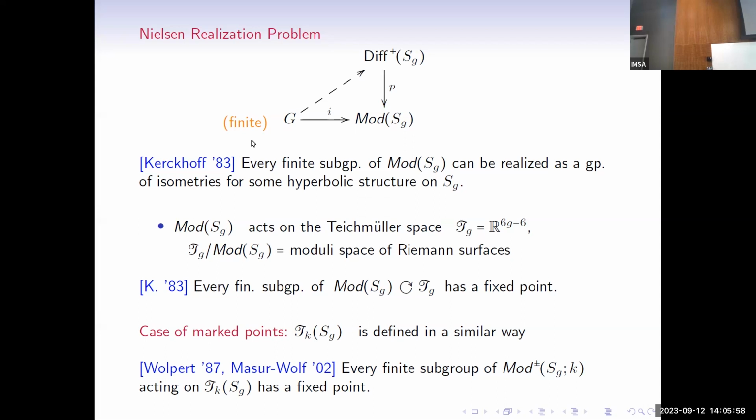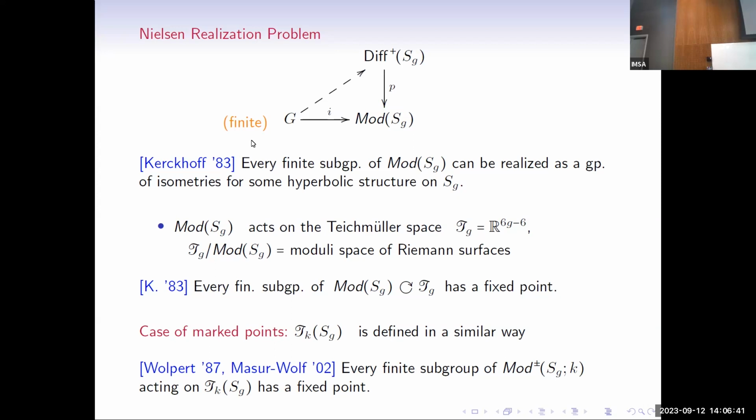In the same work, Kerckhoff showed that Nielsen realization was equivalent to showing that every finite subgroup of the mapping class group acting on Teichmüller space, with the action by pullbacks of the structure, has a fixed point. You can do the same in the case of marked points, defining the Teichmüller space of your surface with K marked points.